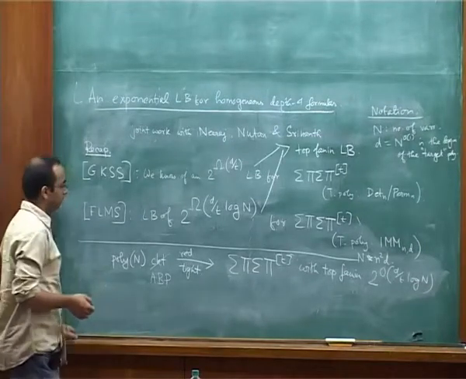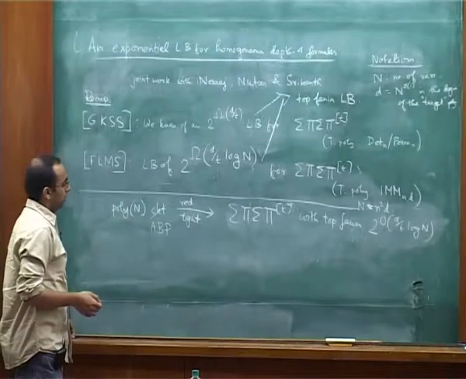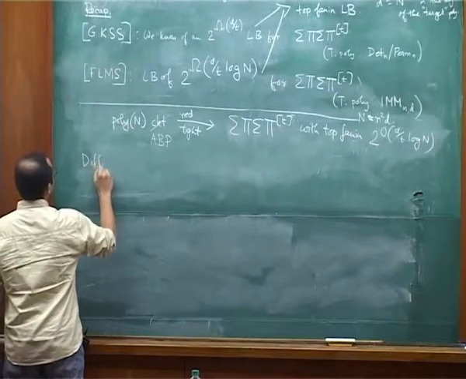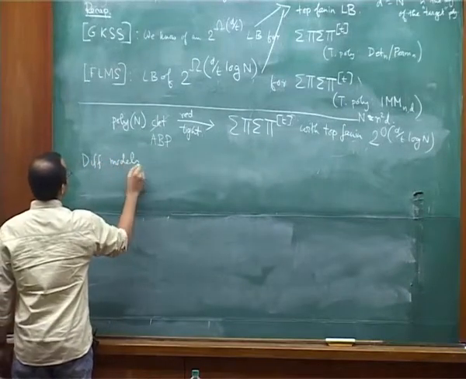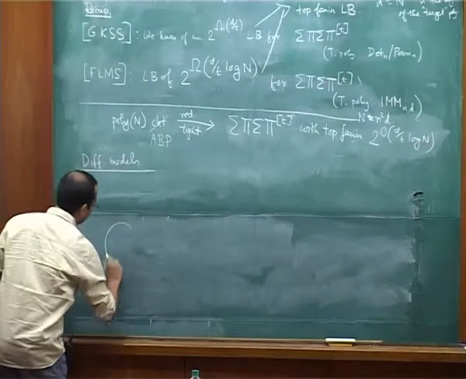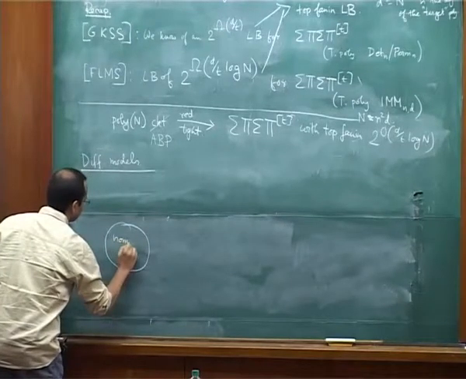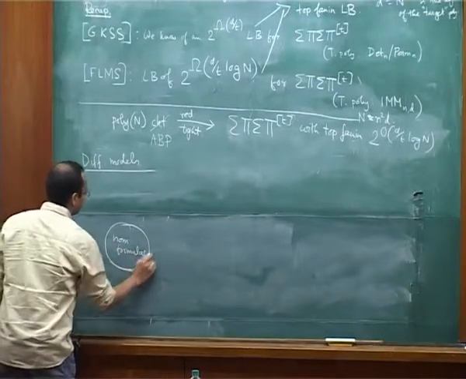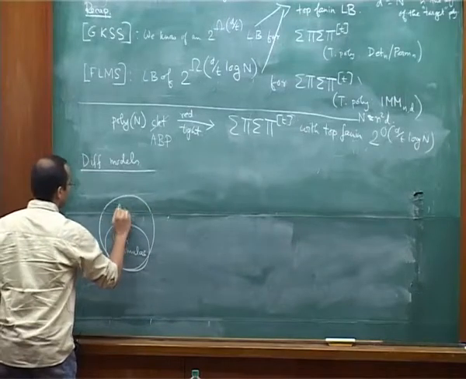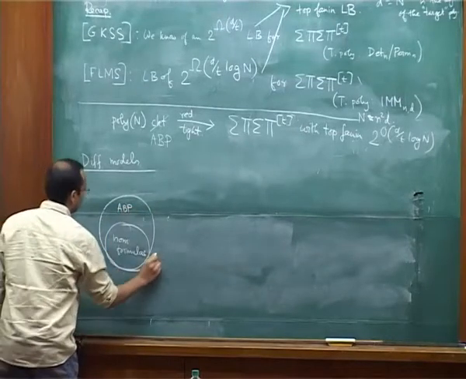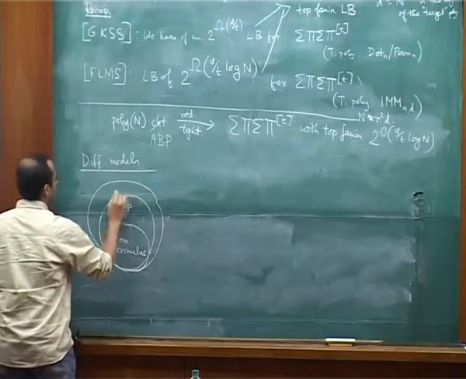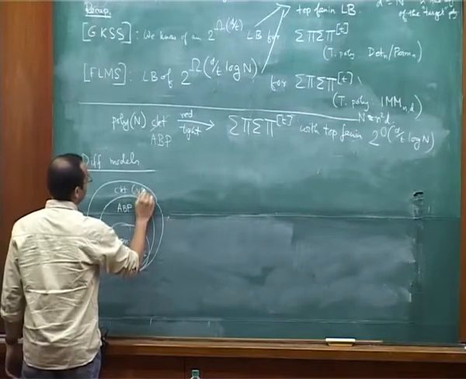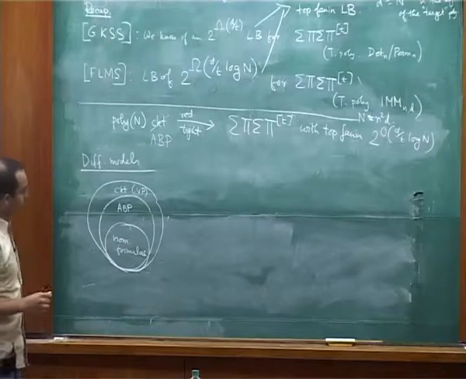And just to refresh the relationship between these different models, we have homogeneous formulas here, which is captured by ABP, and that's captured by poly-sized circuits of small formal degree, which we also know by the name VP.